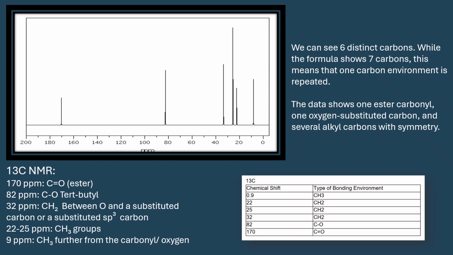The 22 to 25 ppm signals are CH3 groups, and the 9 ppm signal is a CH3 further from the carbonyl/oxygen. The 13C NMR provided allows us to deduce that the compound is an ester with an OCH2 group and a C-CH3 group.